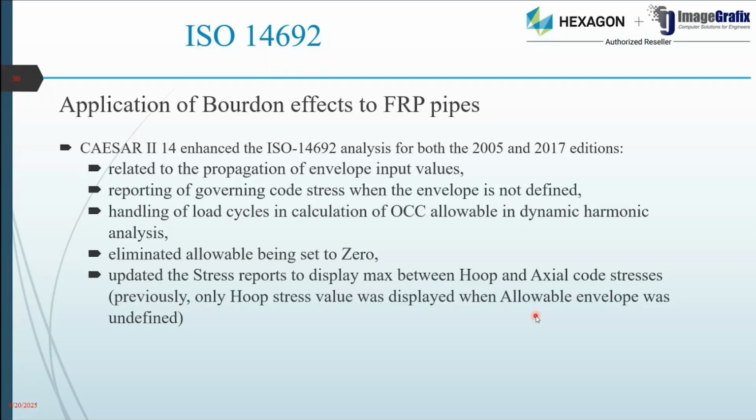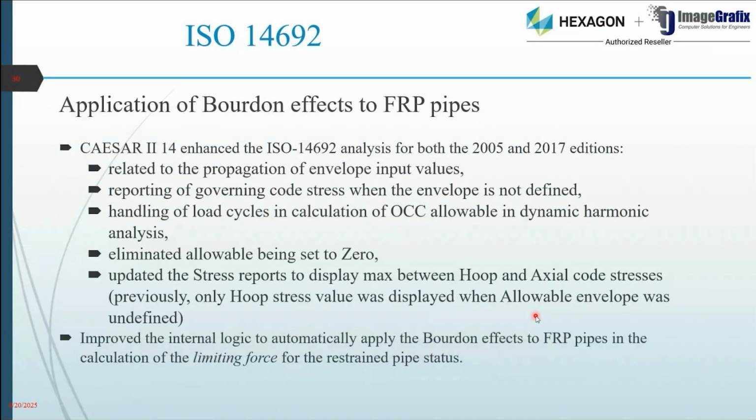The stress reports were updated to display the maximum of hoop and axial code stresses. In the previous versions, only the hoop stress value was displayed when the allowable envelope was undefined. The internal logic was further improved to automatically apply the Bourdon effects for FRP pipes in calculation of limiting force for the restrained pipe status.